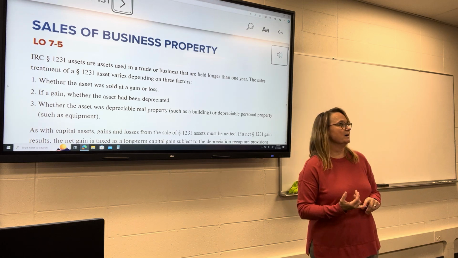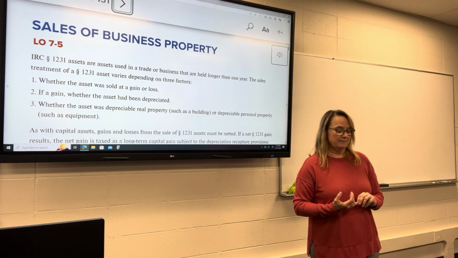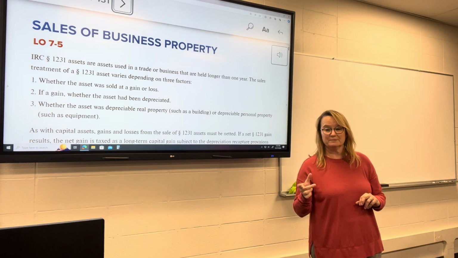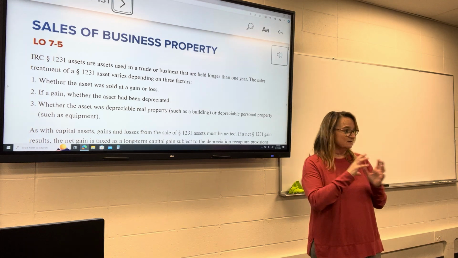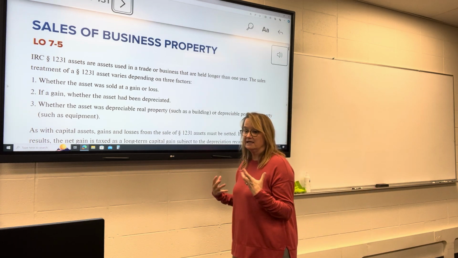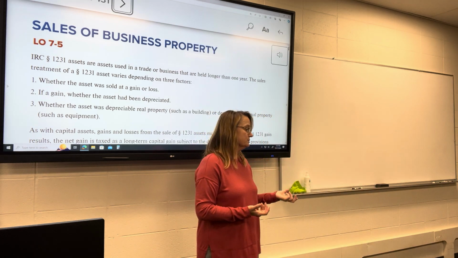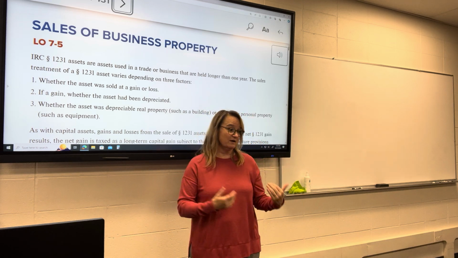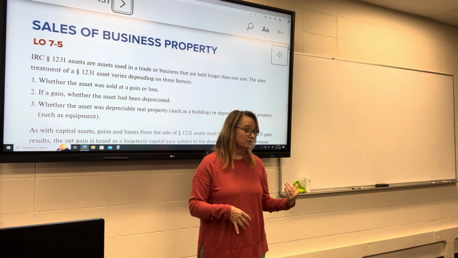And what else did we talk about with regard to capital gains? With that netting of the short-term and the long-term capital gains, and putting that all together, any net losses for individuals can be used, up to $3,000, to offset other income on your tax return.